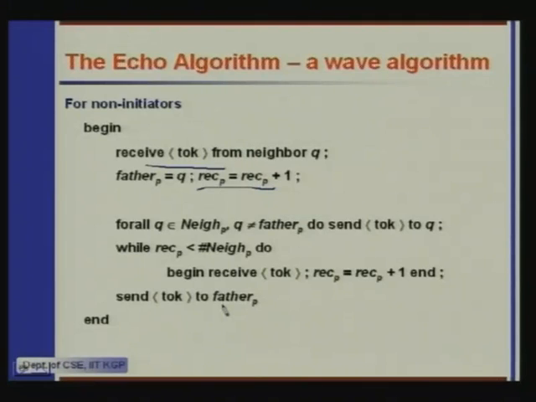After the processes have sent out tokens to all their neighbors and got back the tokens, they send a reply back to the parent, and in that way it continues until the initiator gets back all the tokens. When the initiator gets back all the tokens, the algorithm terminates.